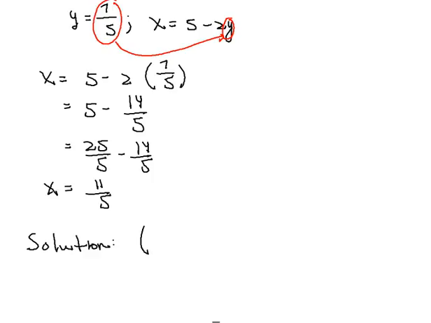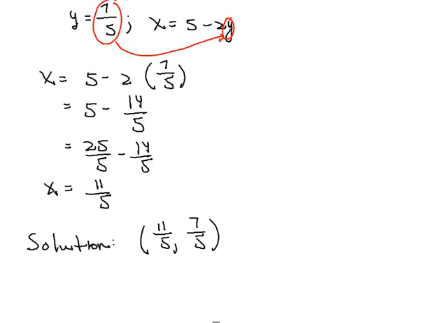And we'll, of course, place the x value first. It'll be 11/5 then, and 7/5. Now because this is a single ordered pair, that's going to tell us that the graphs of the two lines in the system will intersect in just one point, which means we have a consistent and independent system.